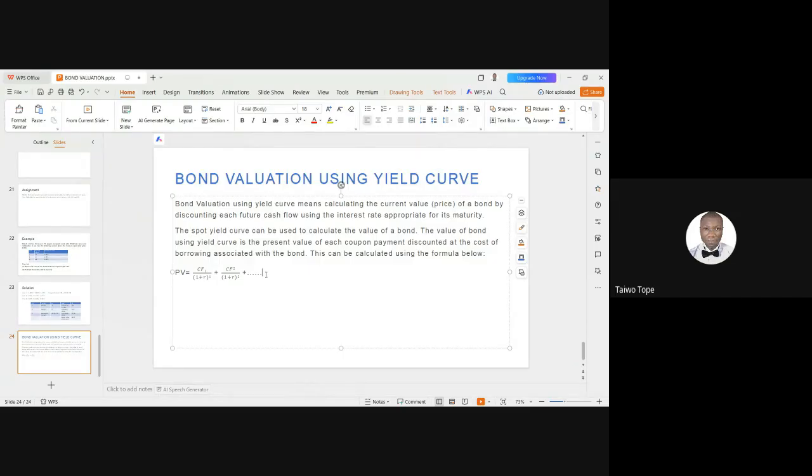And the coupon. So what will happen in that case? It will be your cash flow plus the redemption value, or future value. So it will now be what?